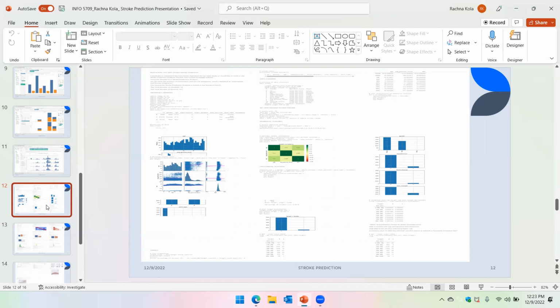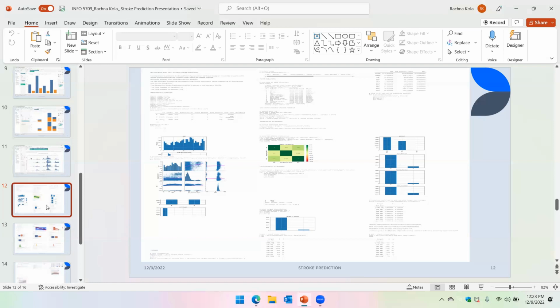So I found out that the same ratio of the patients who are affected by stroke are in the same private sector, and also the people who have not formerly smoked, I found out.